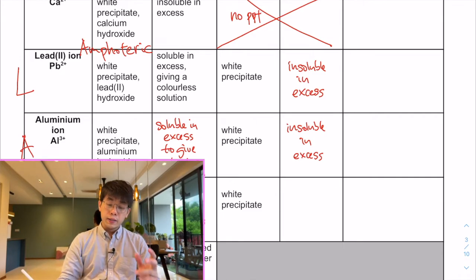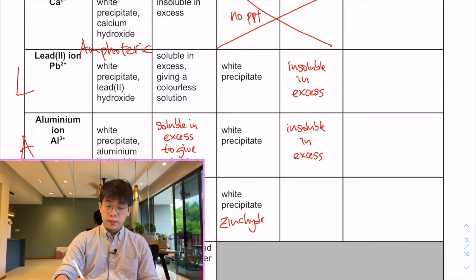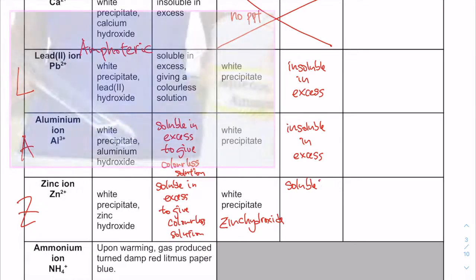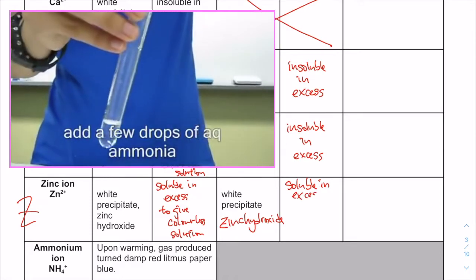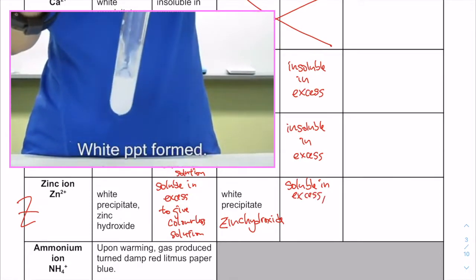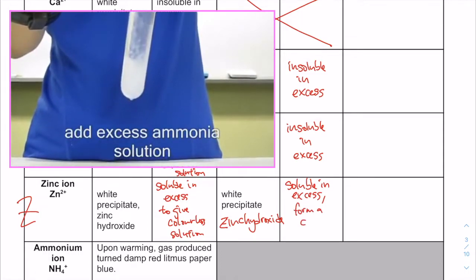When the zinc precipitate, which is the zinc hydroxide, is added to excess ammonia, the zinc hydroxide is soluble in excess, and it will form a colorless solution.